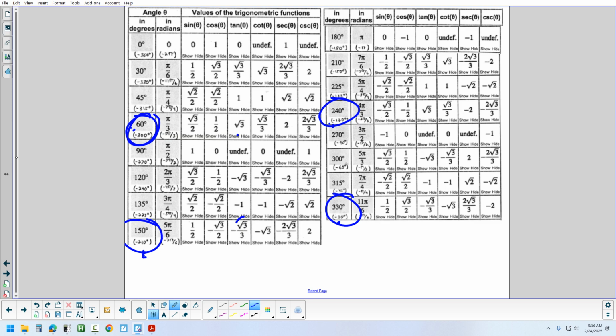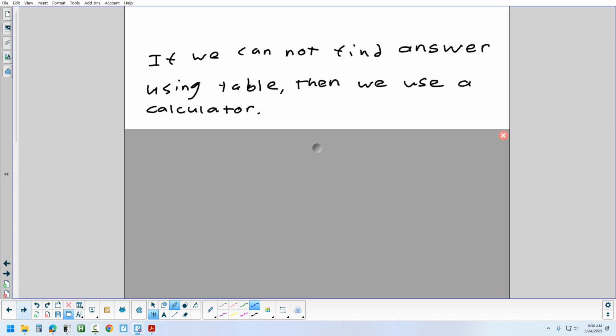Okay. Now, all those angles on the chart are multiples of either 30 or 45. And there's some overlap too, like 90 is both. But if we have a number that's not in that chart, then we use a calculator.